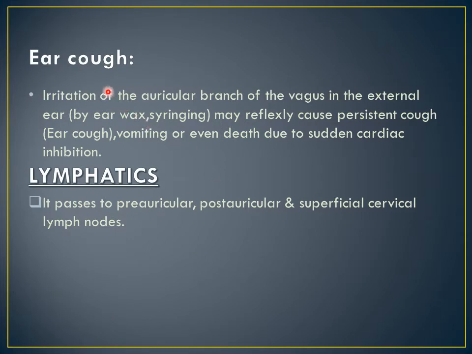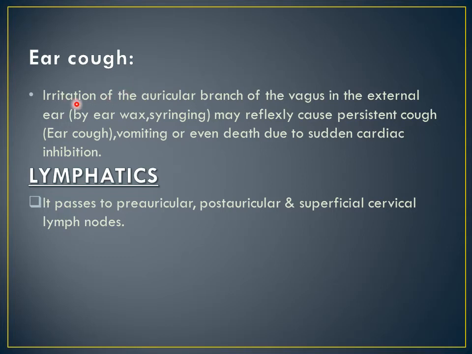A very important clinical correlate regarding the innervation of the external auditory meatus, and a very frequently asked question: what is ear cough? So I told you that the floor and the posterior wall of the external auditory meatus is supplied by the auricular branch of the vagus nerve.